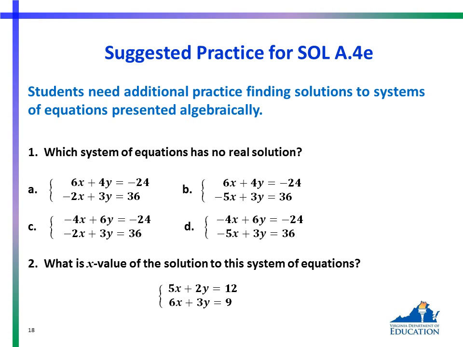In the first example, students are asked to identify a system of equations with no real solution. Students should be able to compare the slopes of the lines in each system to determine whether the lines are parallel. The second question asks students to find the x value of the solution to the system of equations. The answers to both questions are shown on the screen.